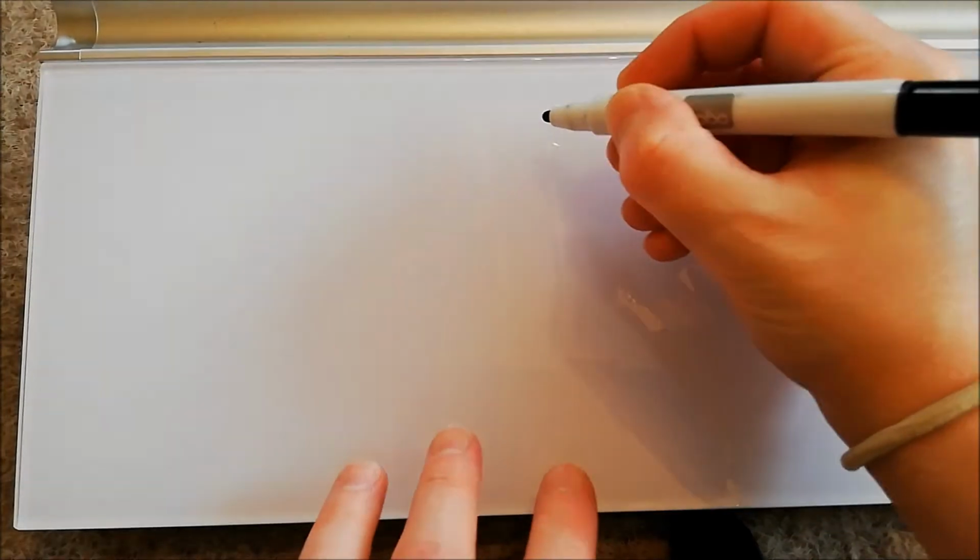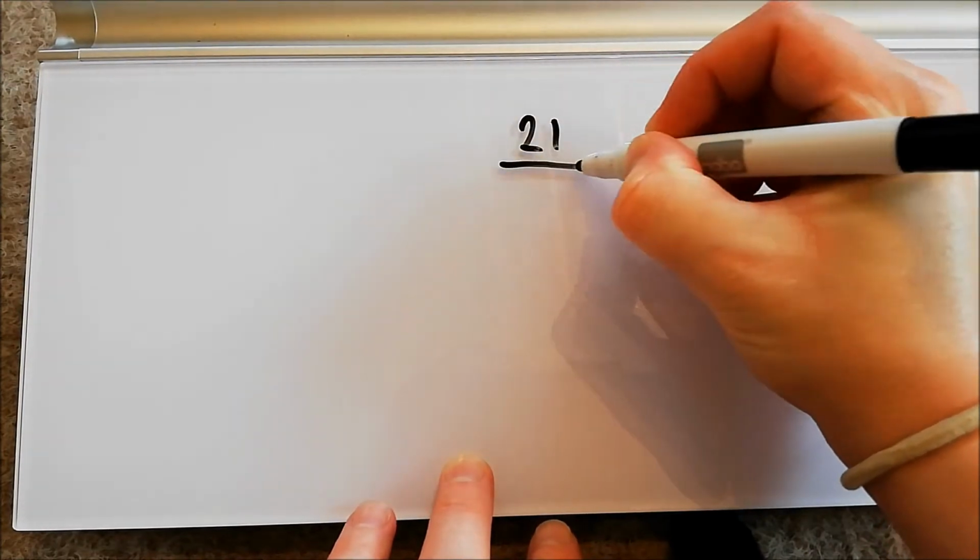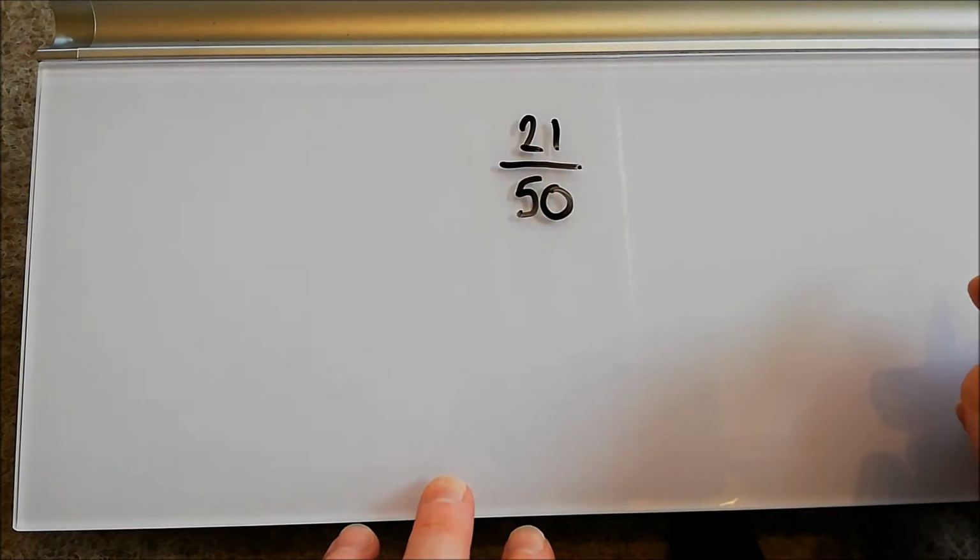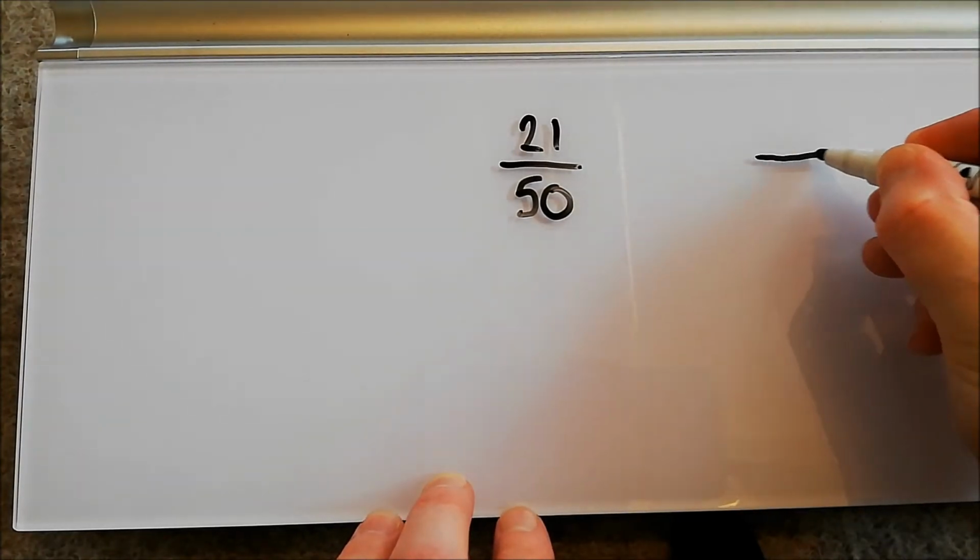Put the given numbers into a fraction. Cancel this fraction down or scale it up until it is out of 100. Now that's just a very complicated way really of saying that if we have 21 out of 50, which is what the example was, we can scale that fraction up.